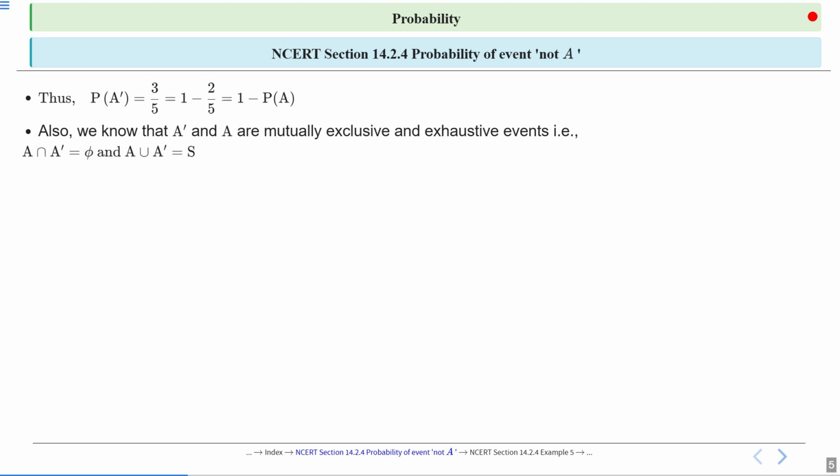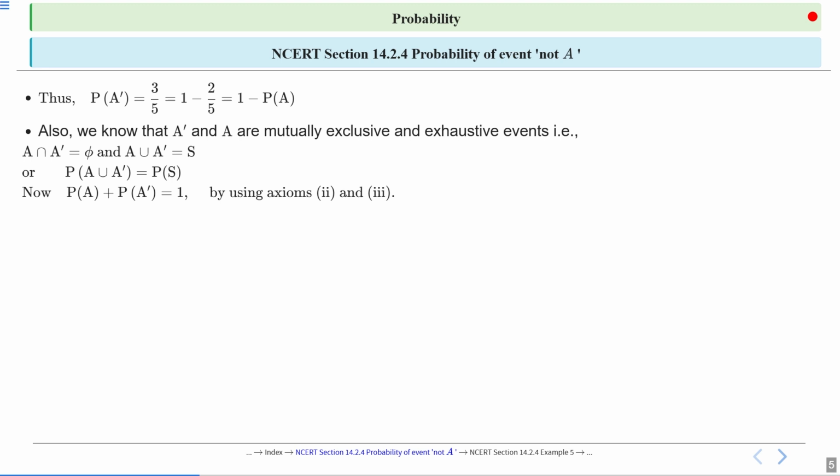That is, A intersection A complement is equal to empty set, and A union A complement is equal to sample space S. Or we can write probability of A union A complement is equal to probability of sample space S. Since A union A complement is sample space S, probability of A union A complement is equal to probability of S. Clear?